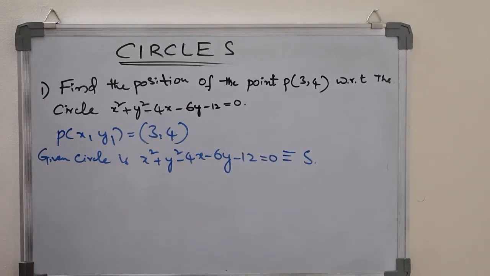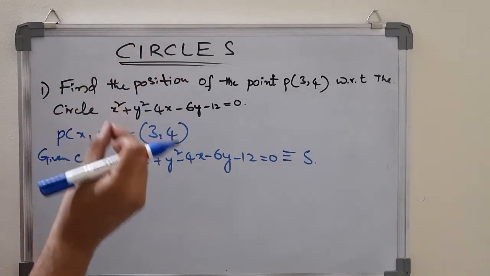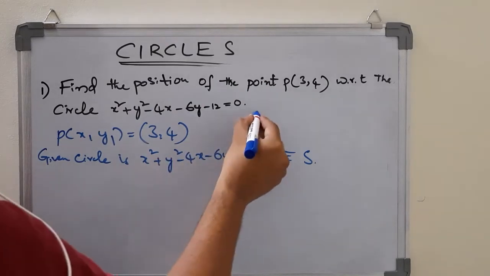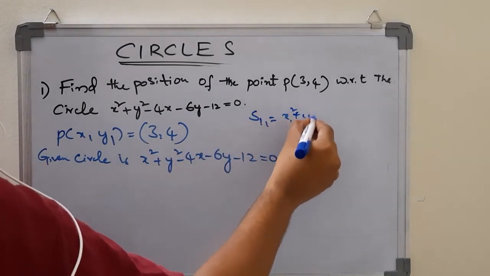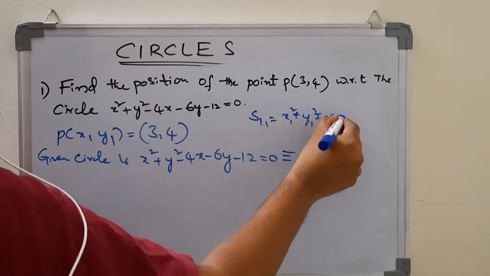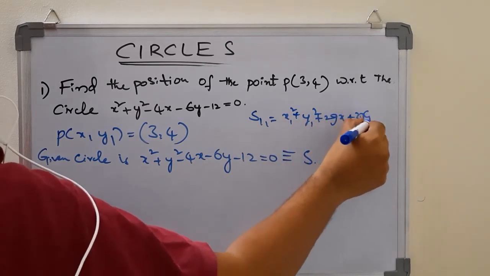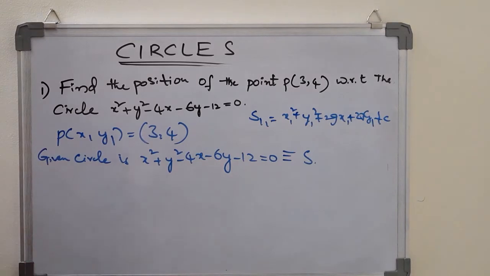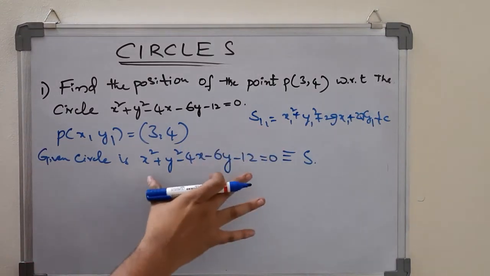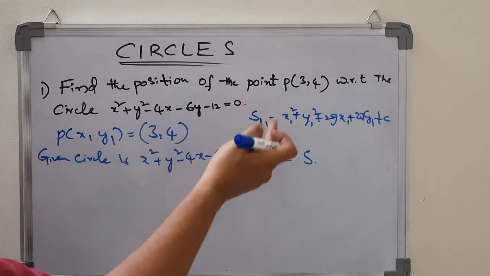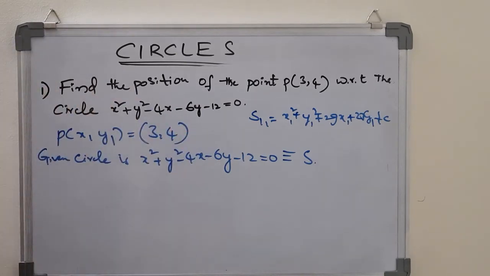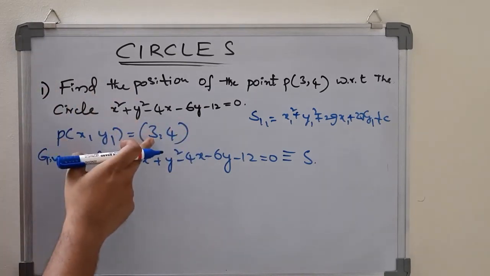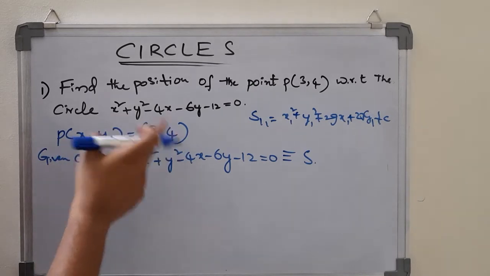To find the position of the point, we have to find S11. What is S11? x1 square plus y1 square plus 2gx1 plus 2fy1 plus c, right? With respect to this circle, we have to find S11 at this point P(x1, y1). The value of x1 is 3, y1 is 4.